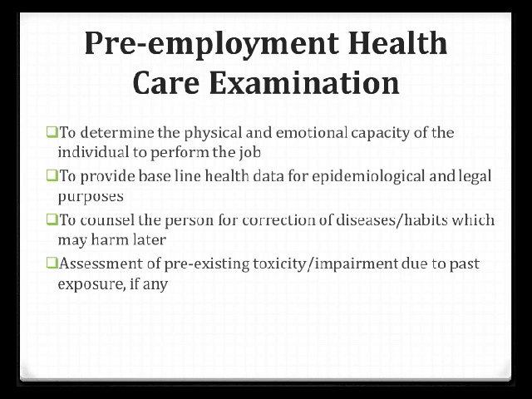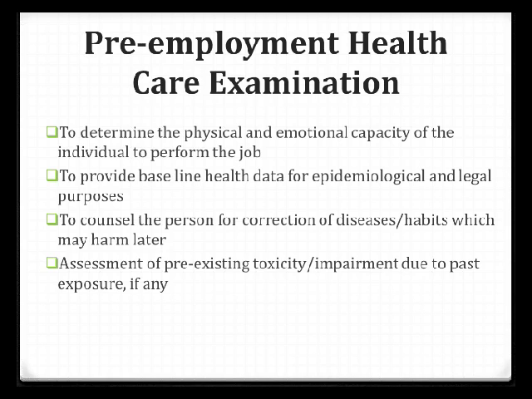We need to be able to counsel individuals for disease correction, habits which may harm them later. So we need to be careful that if individuals need to be protected, if we know, for example, that someone has contact dermatitis and that a specific exposure may be an irritant for them, what are we going to do to protect that individual?